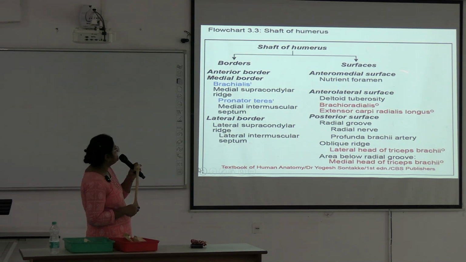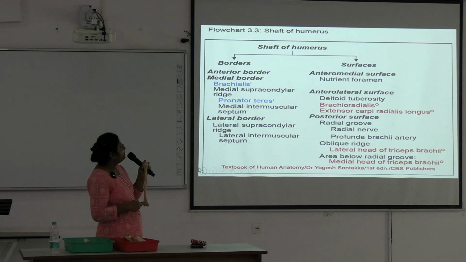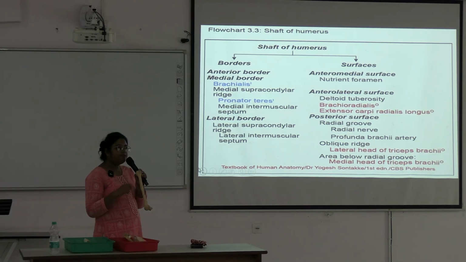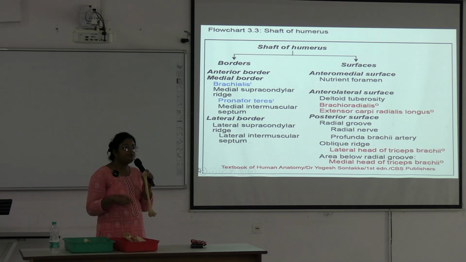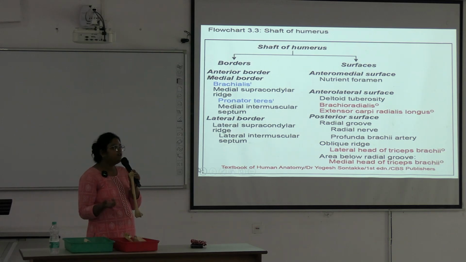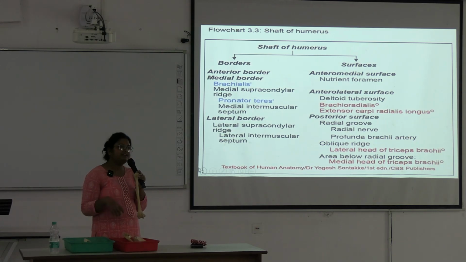On the anteromedial surface, one nutrient foramen is present. The nutrient foramen is the place of entry of nutrient vessels to the bone. It comes mainly from the profunda brachii vessels, or may come from the brachial artery directly.